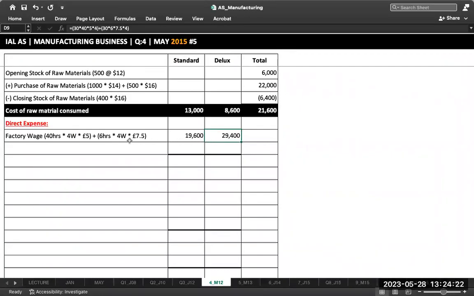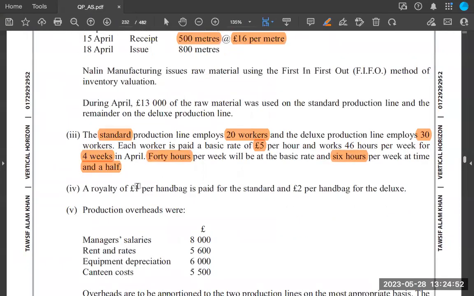Perfect, are we guys clear? 40 hours, 4 weeks, 5 pound; 6 hours, 4 weeks, 7.5 pound. This is the wage for one worker. For your standard there are 20 workers so you multiply that with 20, for deluxe there are 30 workers so you multiply that with 30. Are we guys clear?